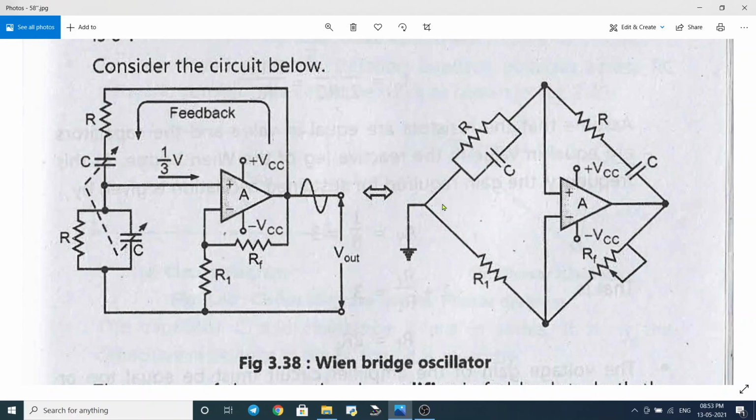So this bridge consists of one parallel arm in which a resistor and capacitor are in parallel. There is one series arm in which a resistor and capacitor are in series. There is a feedback resistor RF and an input resistor R1.